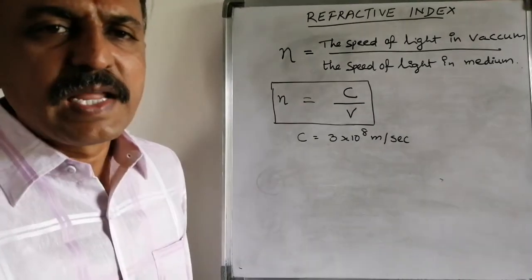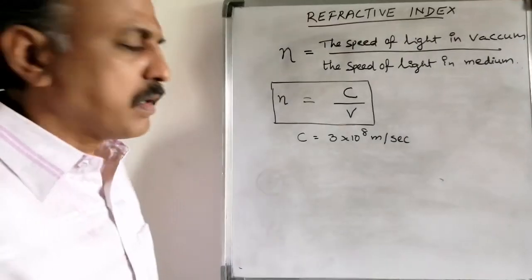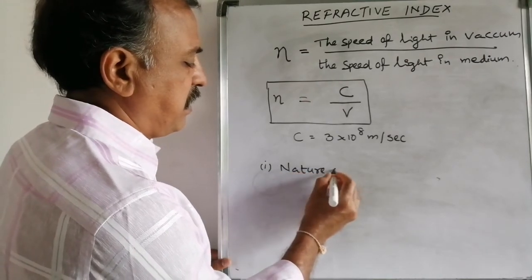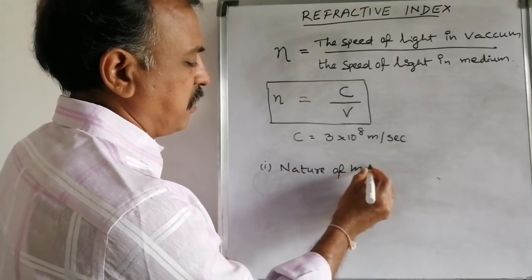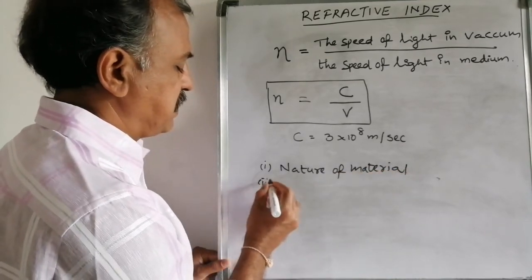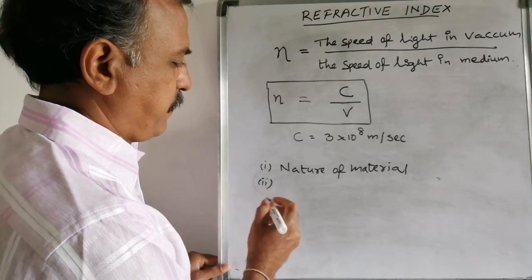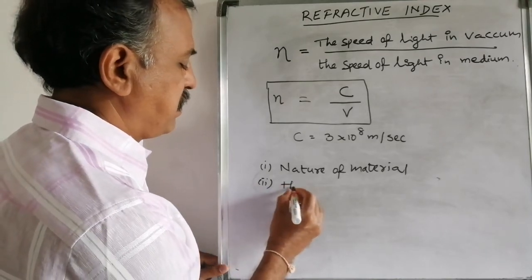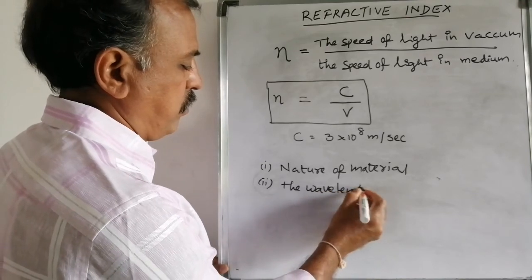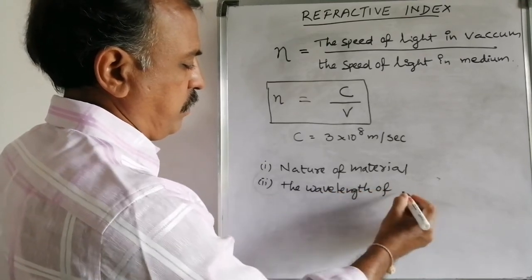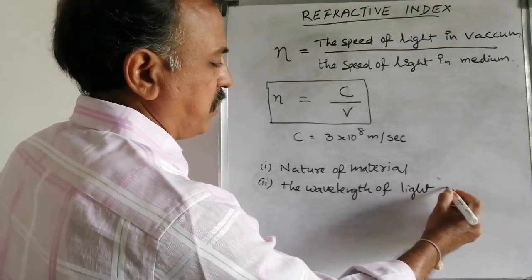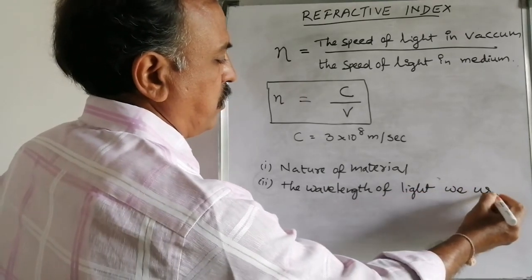The refractive index mainly depends on two factors. One is the nature of the material. The second one is the wavelength of light we use.